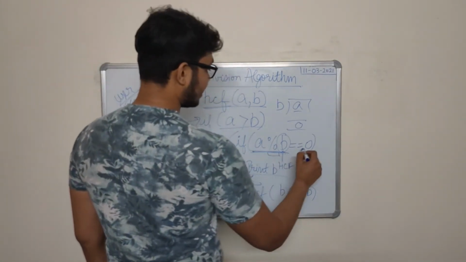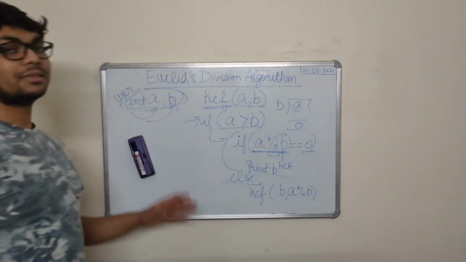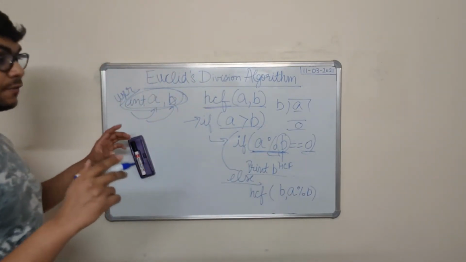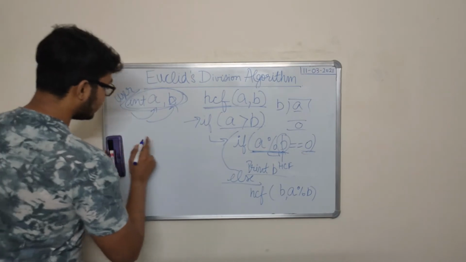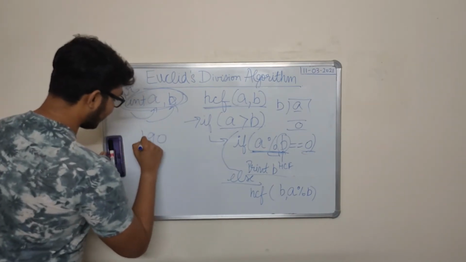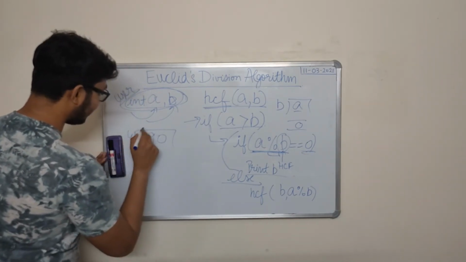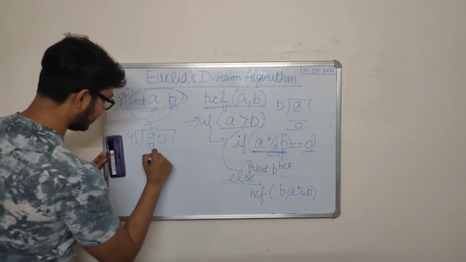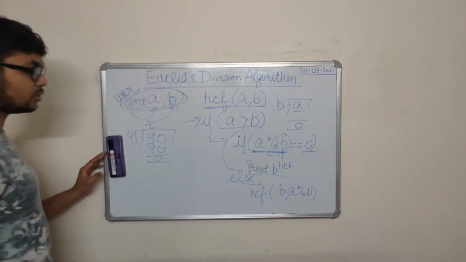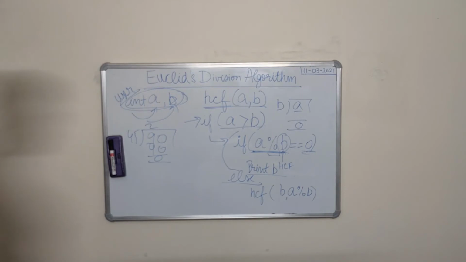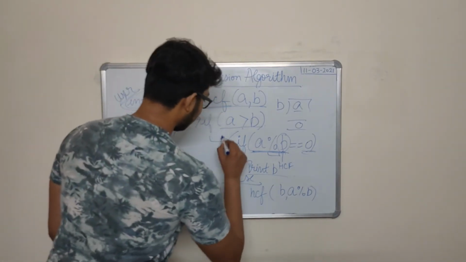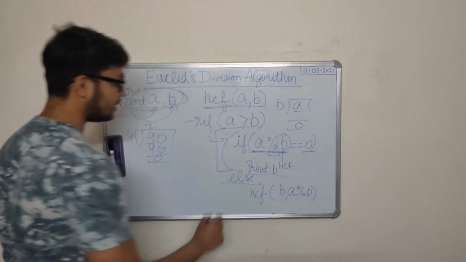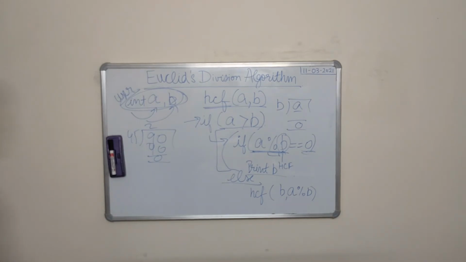If you are able to understand here, what will happen is that if A and B give a remainder 0, that means we have achieved a condition which, if you remember, was there when I divided 90 by 45. In that condition I was getting a remainder 0 in the previous example, right? So this is actually our exit statement in this program.